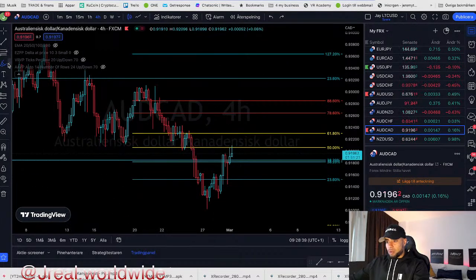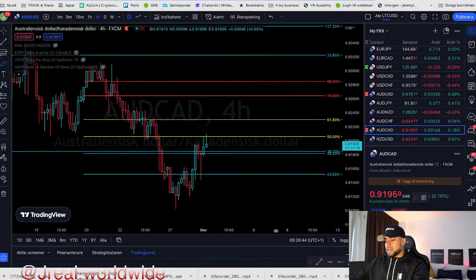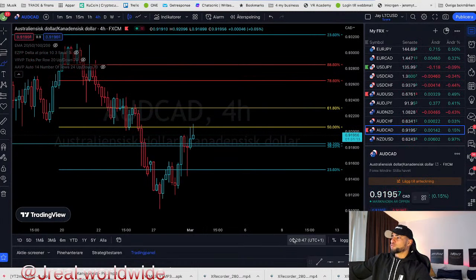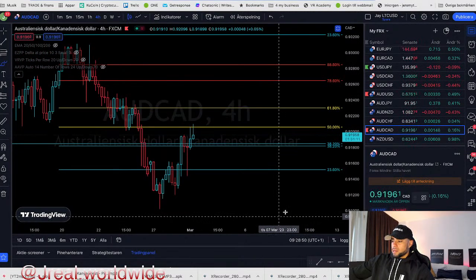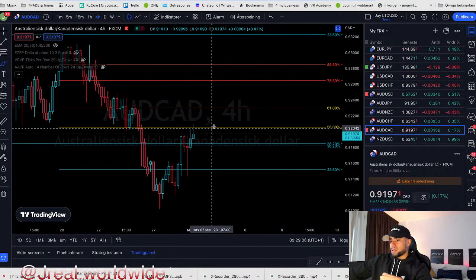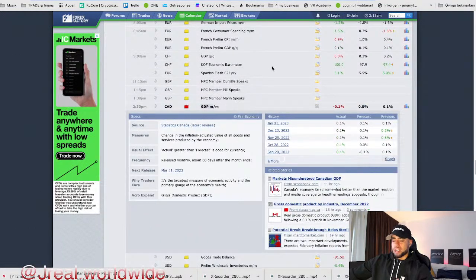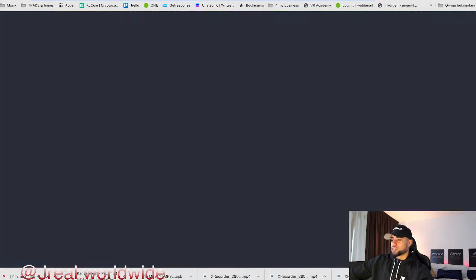And basically what I think will happen now, considering the fundamentals for CAD: the report came out better, but with lower numbers than forecasted. And as I said, what it does is make CAD drop. But at the same time, we also had news for AUD, right? And it was the same thing. It made the Australian dollar drop as well. So both of these should drop due to the news.